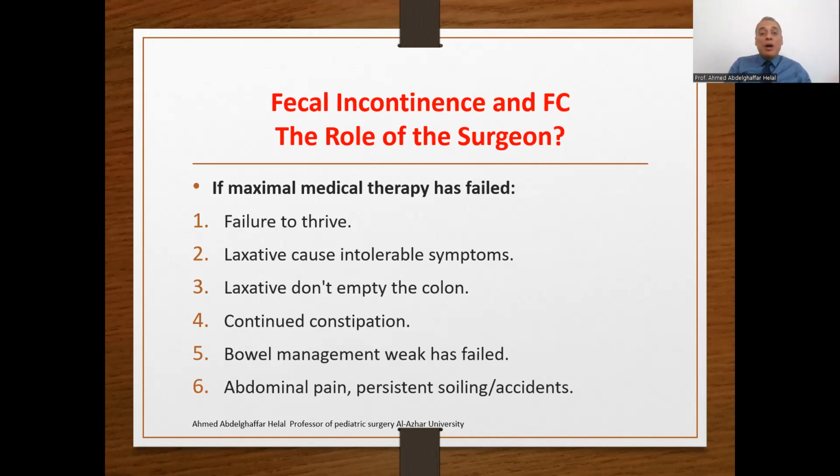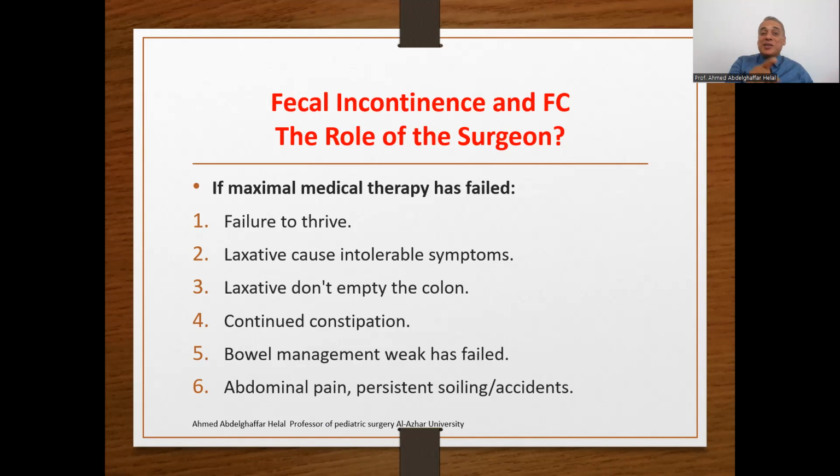Bowel management week has failed, and there is abdominal pain, persistent soiling or accidents. In such conditions, the pediatric surgeon is involved due to failure of the medical treatment, although the definition of failure is somewhat confusing and may not be very clear.